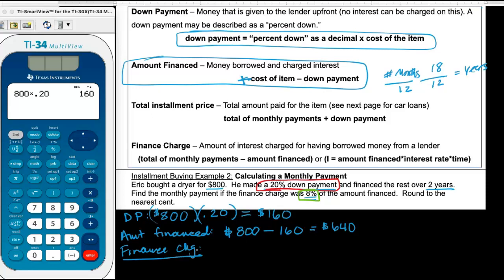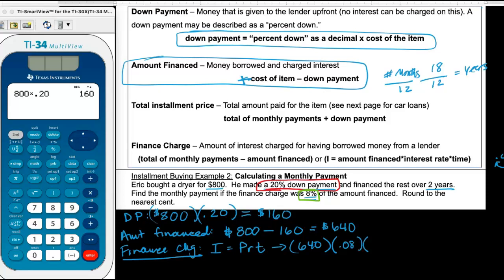So to do that, I'm going to use the simple interest formula. I'm just going to do I equals P times R times T. So my principal in this case is $640 because that's what he's borrowing. And my rate is going to be that 8% as a decimal. So I take 8%, 8, and I move the decimal 2 spots left, giving me 0.08. Okay, and then it's no longer a percent.